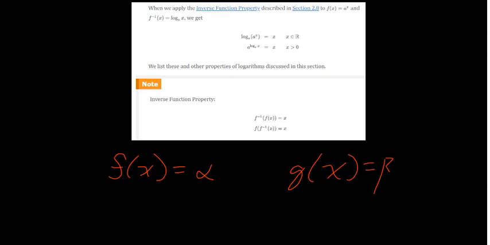You might have had a problem that had f of x equal to some function, and g of x equal to some function, and it would say show that these two functions are inverses of one another. In order to show it, you need to do the composite f inverse of f of x and f of f inverse of x. If you get x in both cases, then those two functions are inverses of one another.